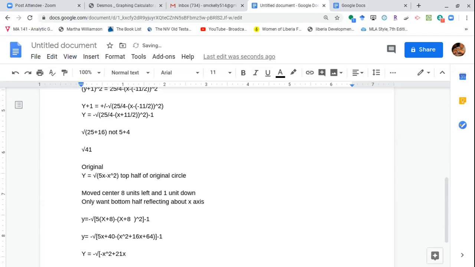But doesn't the negative get distributed to the 16? Oh, I'm sorry, you're correct, I'm wrong. So negative 16x, and that's going to be 5, so negative 9x. And then I have a negative 64 and a positive 40, which is a negative 24.